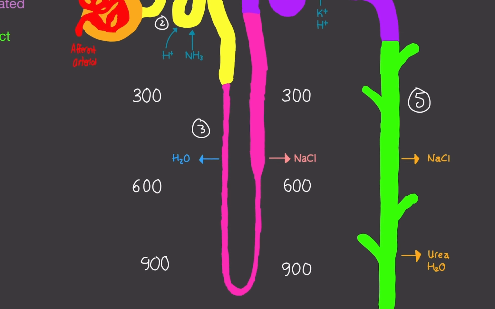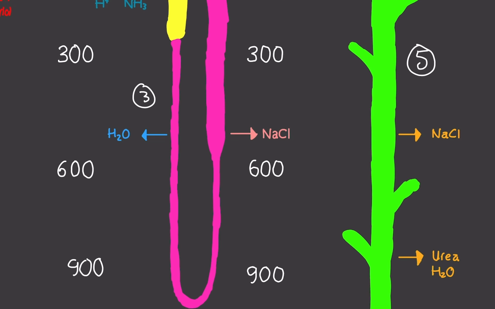Here as well, sodium chloride can also leave. Say we need salt in our blood, say we have low blood pressure, or we just need solutes. We can have the sodium chloride leave the loop of Henle and enter our bloodstream.